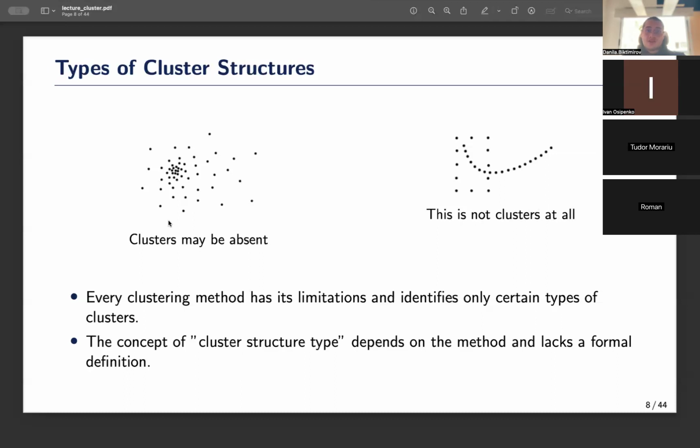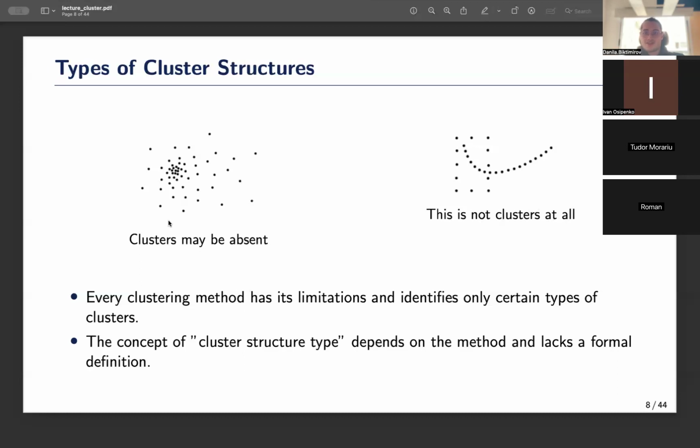Different clustering algorithms may be more or less successful in various situations. Simple algorithms are usually highly specialized and provide adequate results in only one or two scenarios. More complex algorithms, like the Lance-Williams agglomerative procedure, which we'll talk about later, can handle multiple types of situations.